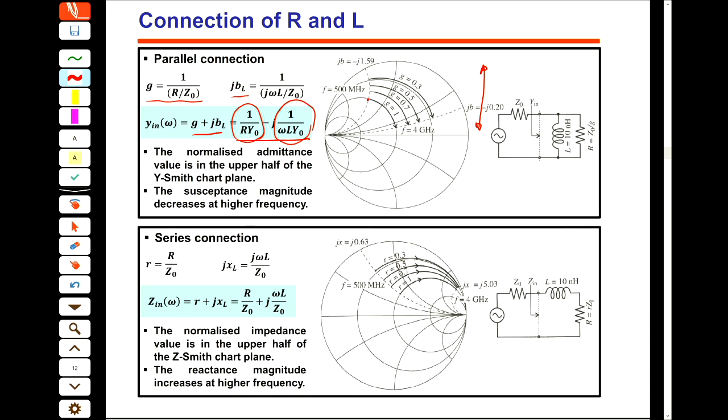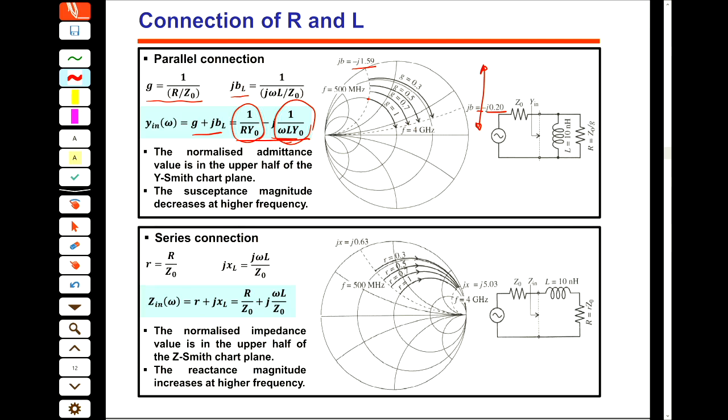For example, if R equals 50 ohm, then the normalized value is 1, and it's on this circle. For 500 megahertz, the value of the J omega L term is minus J 1.59. And at 4 gigahertz, the value is minus J 0.20.